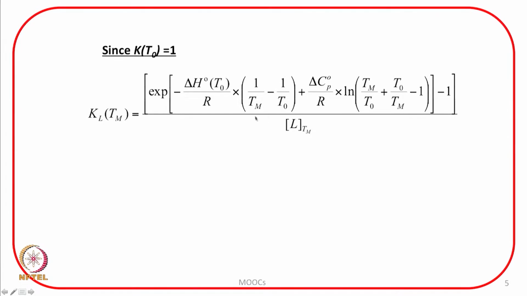Tm is the transition midpoint in the presence of ligand, T0 is the transition midpoint in the absence of ligand, delta Cp0 is the change in heat capacity, and this concentration of L at Tm is the concentration of the ligand at the transition midpoint.